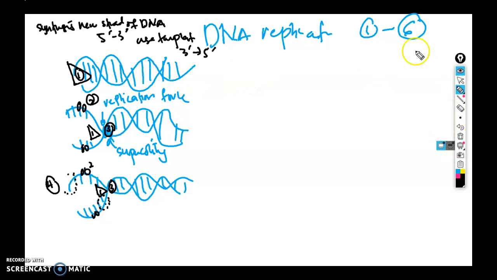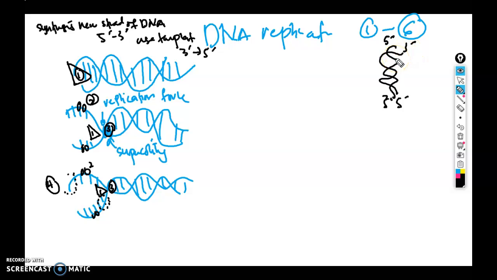So remember back, the structure of the DNA is anti-parallel. Anti-parallel means we have 5' to 3' and 3' to 5'. 5' refers to the phosphate group presenting at the 5' end, and the other part is presenting at the 3' end.